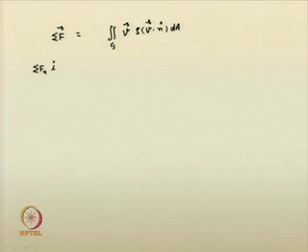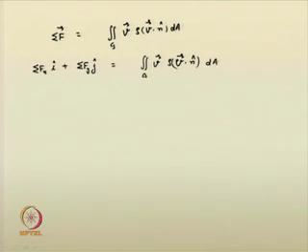Say sigma f, again I am writing it, is equal to the control surface integral of rho v dot n dA. So, this can be sigma f x i plus sigma f y j is equal to the integral of rho v times v dot n dA.